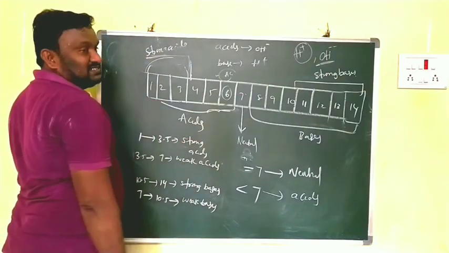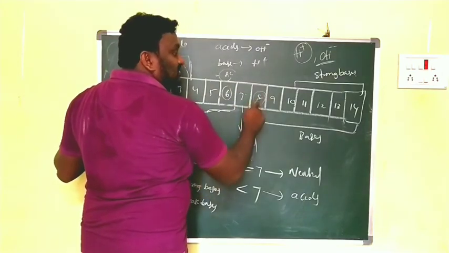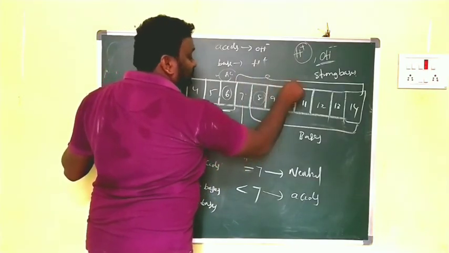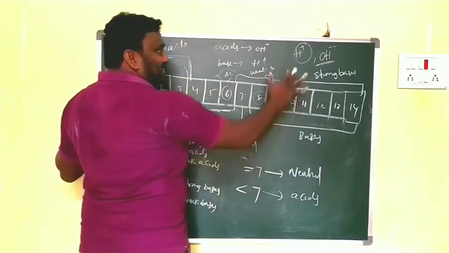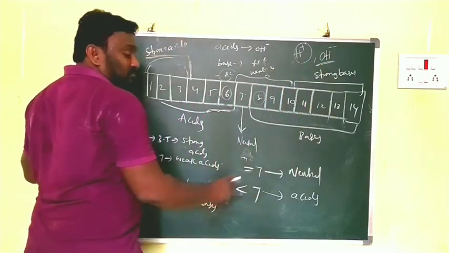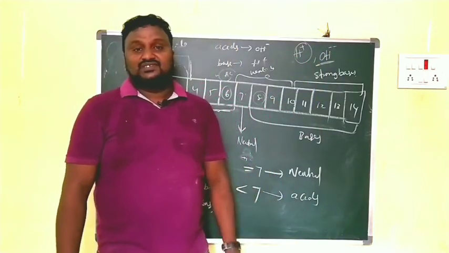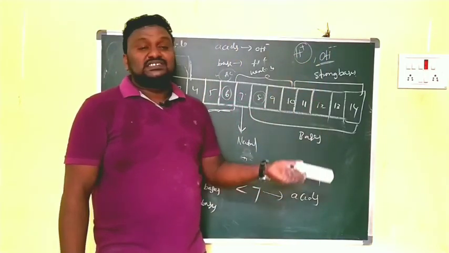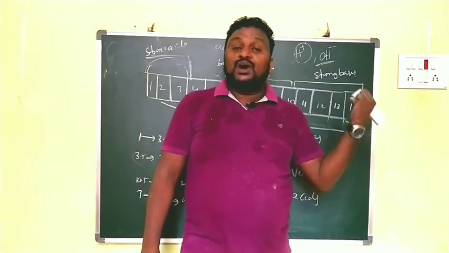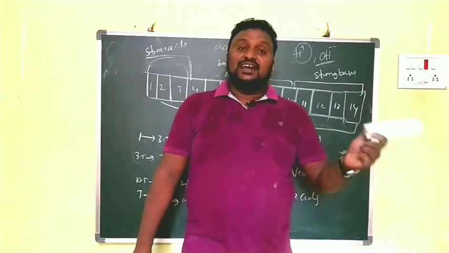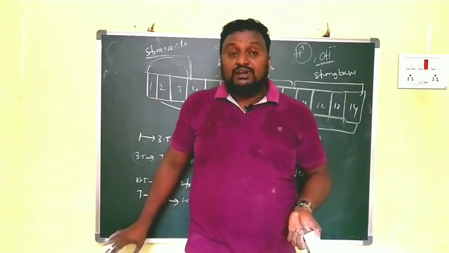That's why it is a weak acid. And 8 is a base, a weak base. In that, H plus and OH minus are almost equal, but OH minus is greater than H plus. So this is about the pH scale, and how, based upon it, we can classify acids and bases into strong and weak. That is the matter, children.